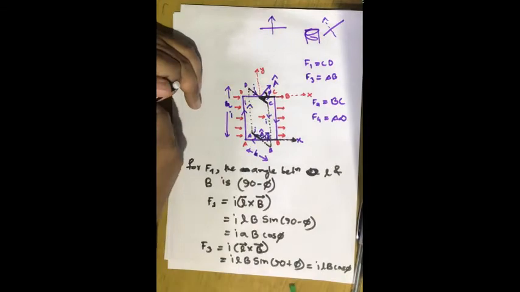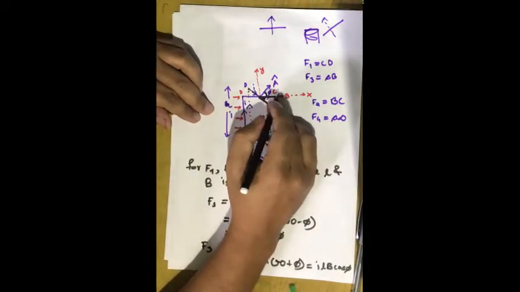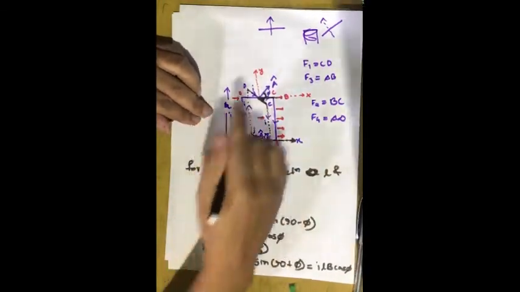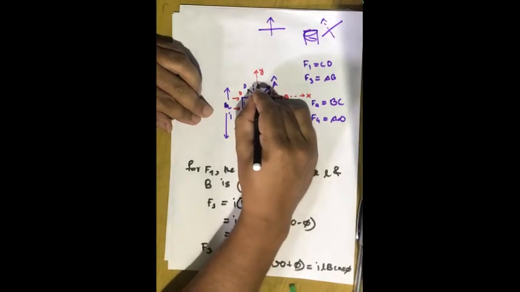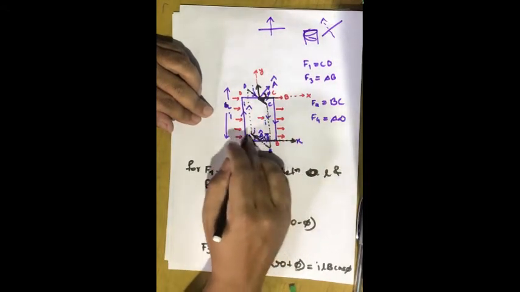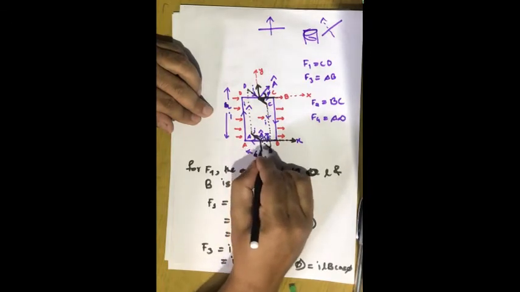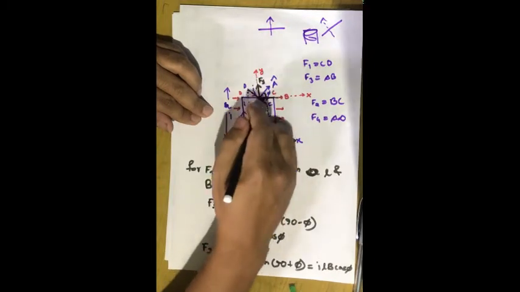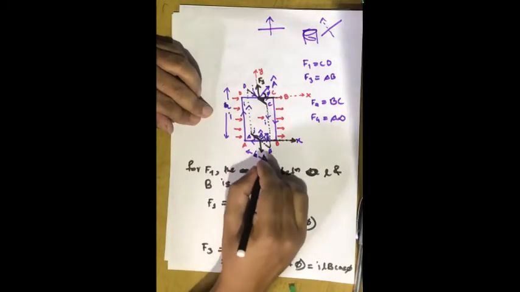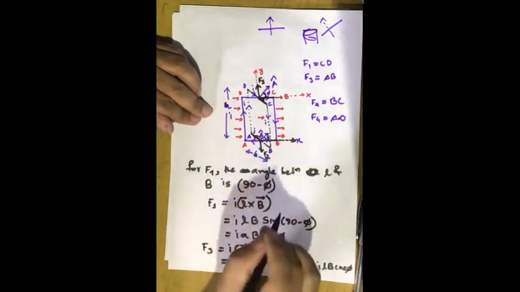So in this case, the force acting on the line element CD, if you apply the right hand thumb rule, you will find that this force is along this direction, and the force acting on the line AB will be along this direction. So if it is F1, then F1 will be along this direction and F3 will be along this direction.